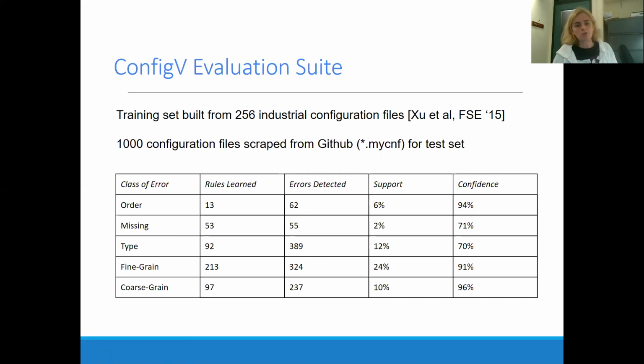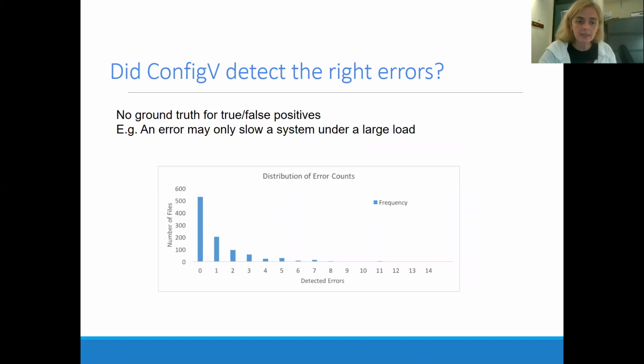Now, of course, you may ask yourself, okay, you learned something, you detected an error, but did you really detect an error? Is this indeed an error, or is this just what you believe is an error? So first, we did a sanity check. Let's see how the errors were distributed through the files. It turns out most of the files were correct, which is nice.